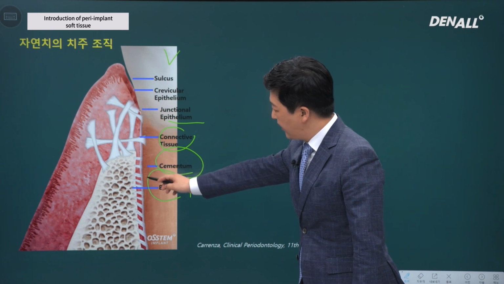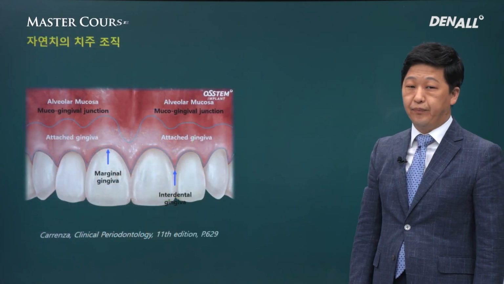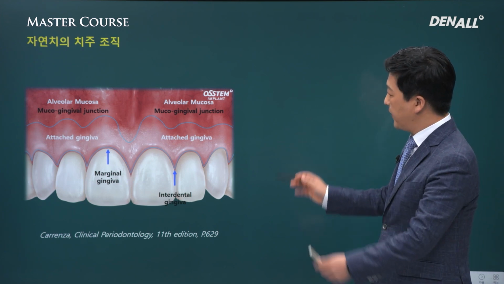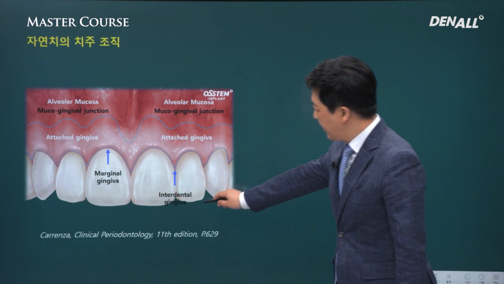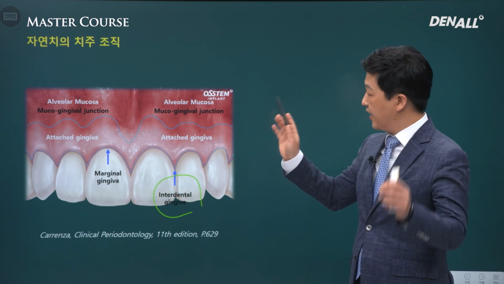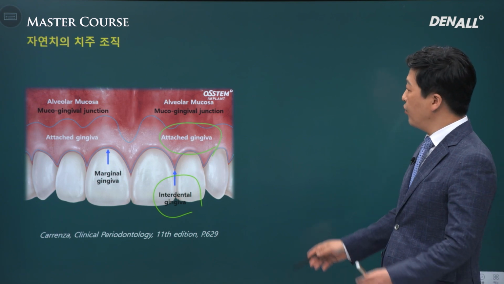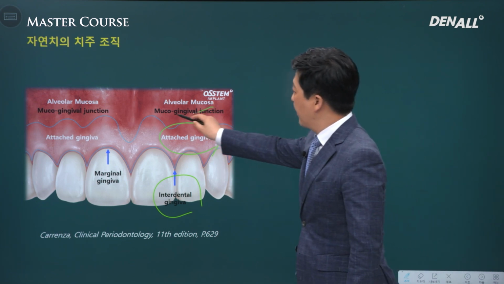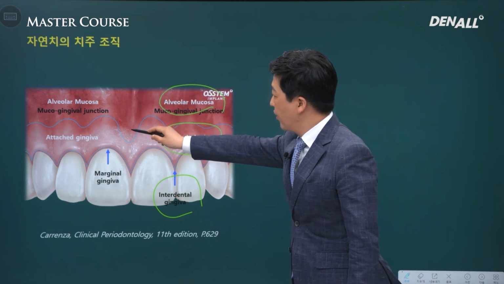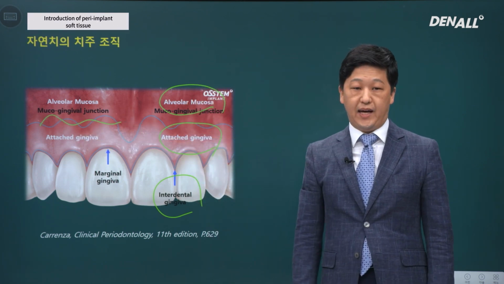Alveolar bone, PDL, and tooth are major components. In frontal view, there is interdental gingiva and attached gingiva that is attached strongly to bone. There's alveolar mucosa, which is mobile, and in between there's mucogingival junction.